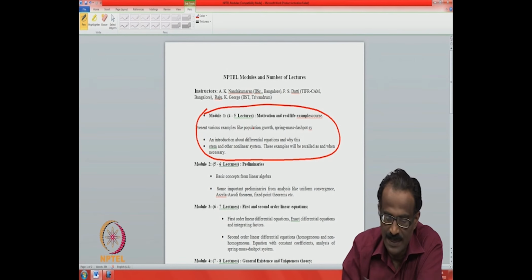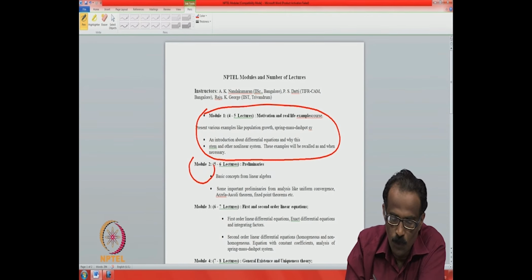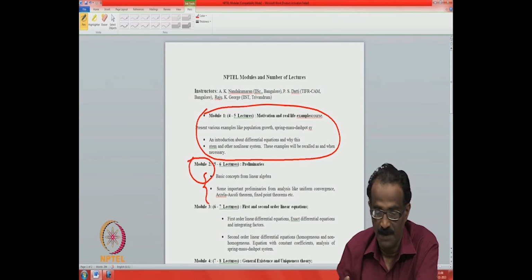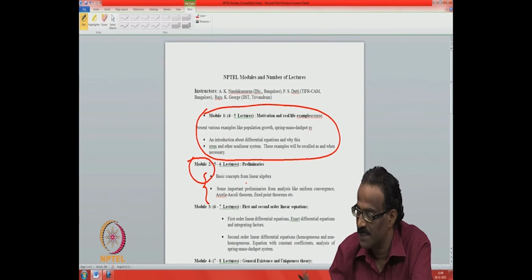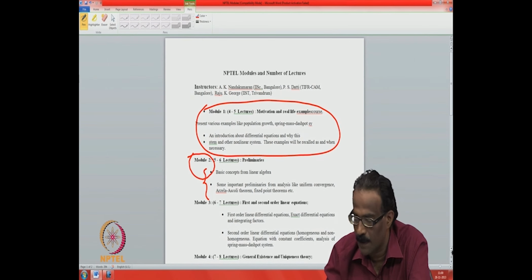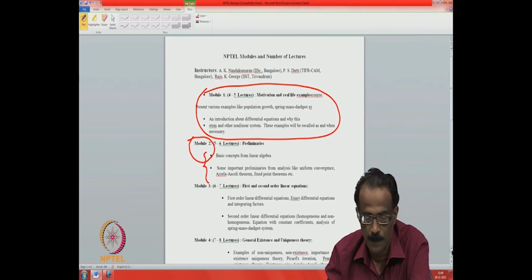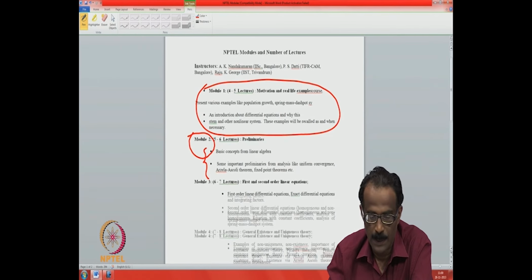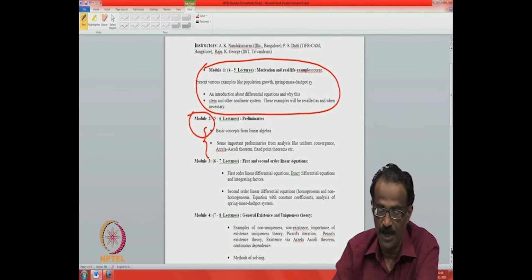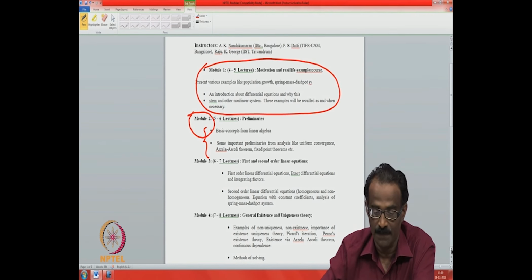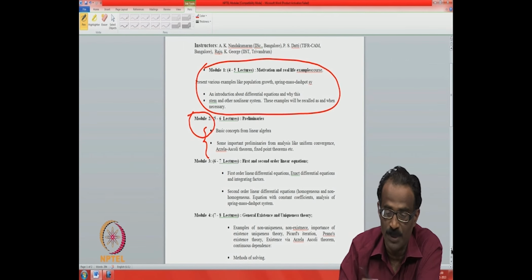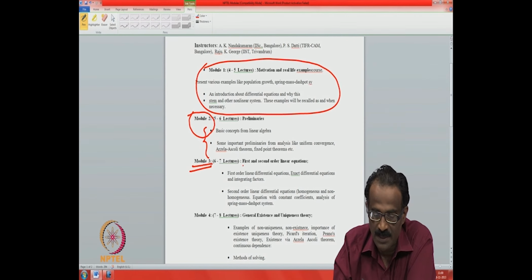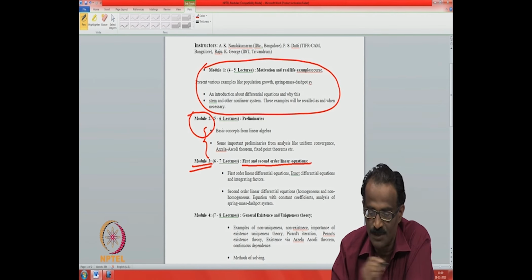Then, as I said, the next step is module 2. We will give you the basics, whatever preliminaries I explained. And then, to begin with, before going to the serious general theory, our next module is module 3, in which we will restrict to the easier equations which you can understand.